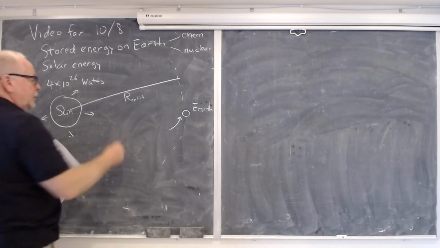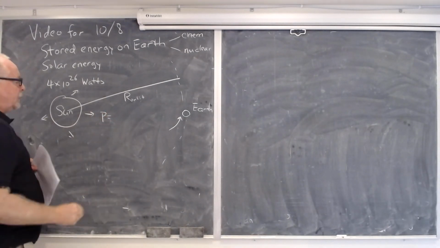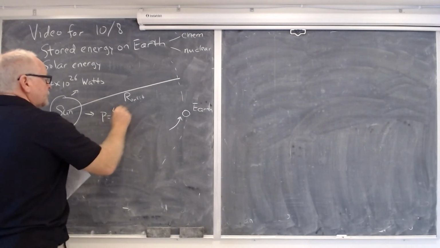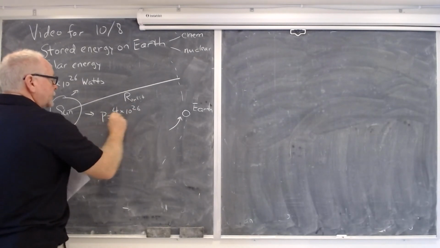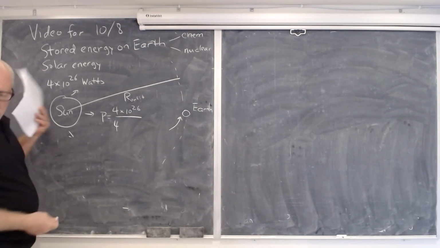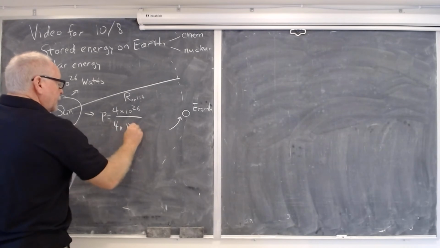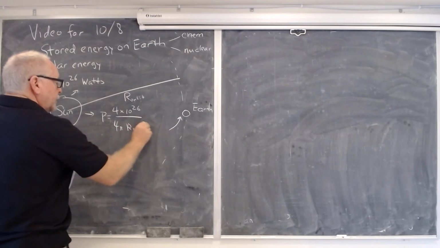And so at the surface of the Earth, the power per unit area, remember we use P for that, is 4 times 10 to the 26 over the surface area of that sphere at our orbital position, 4 pi r orbit squared.